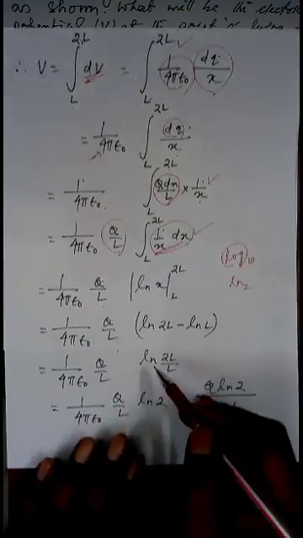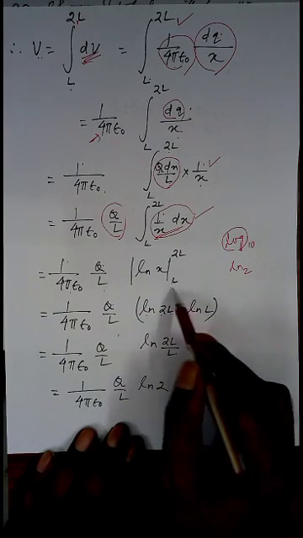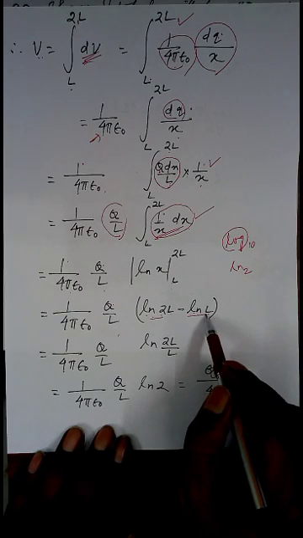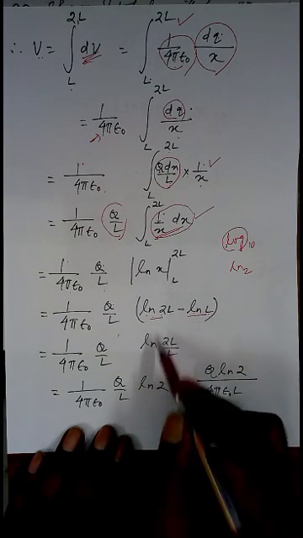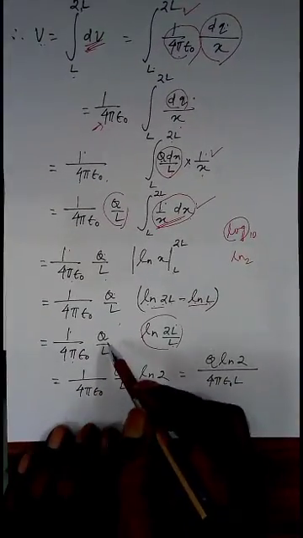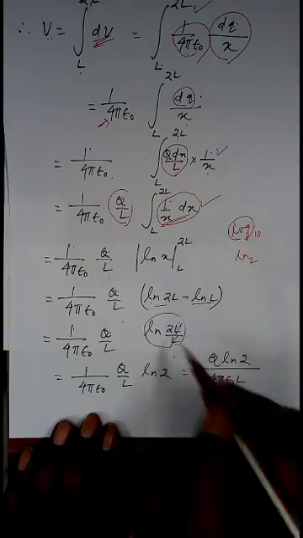So Q by L, and I put it here: ln of 2L minus ln of L. In logarithms, when subtracted, the formula gives ln of 2L by L. So 1 by 4 pi epsilon naught Q by L times this. Now this L cancels.